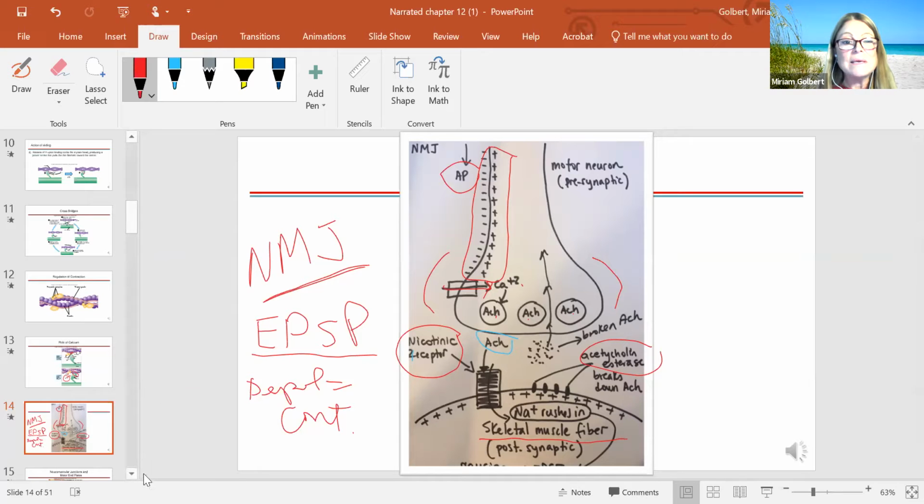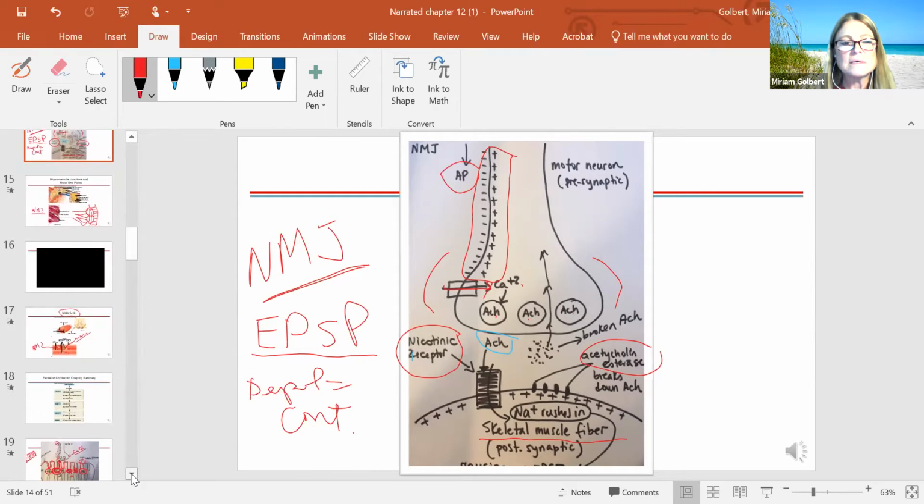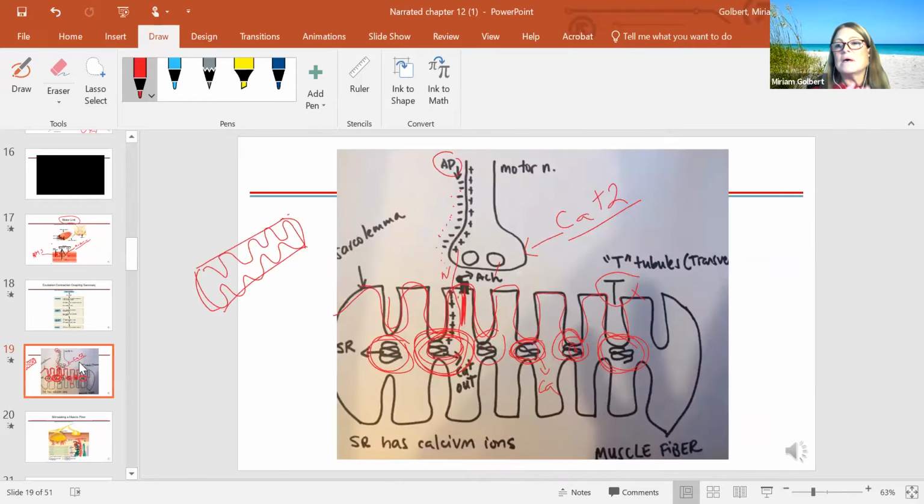Now, the depolarization, that deep action potential, causes it to travel through the T-tubules so that we can cause calcium to come out of the sarcoplasmic reticulum and be available in the sarcoplasm.